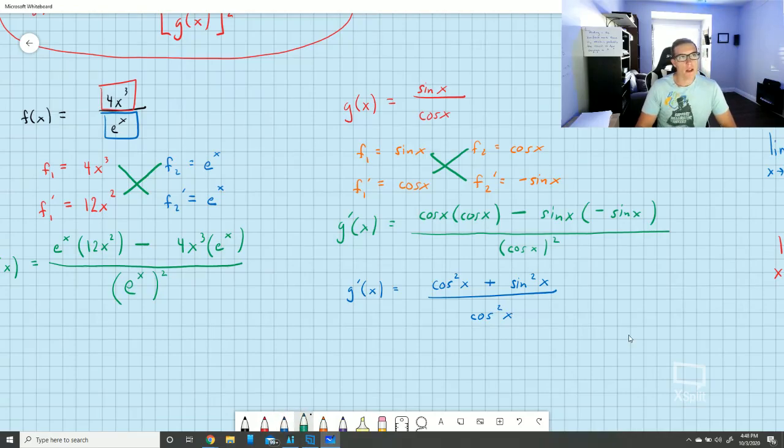Okay? So depending on how much you remember from your trig days, there's an identity for this. It's the major Pythagorean identity that says sine squared plus cosine squared equals something. It's called the Pythagorean identity for trig.